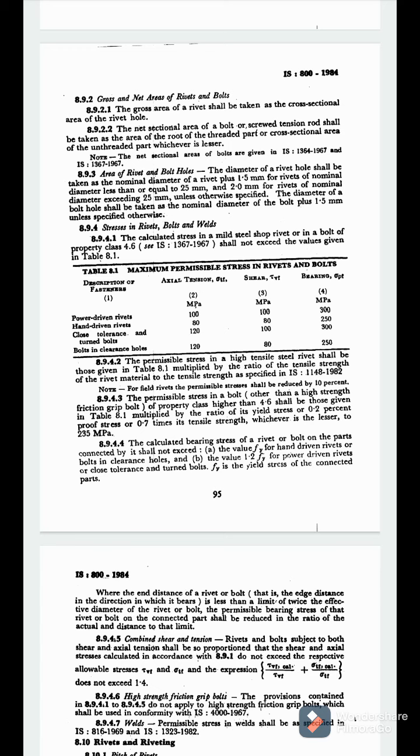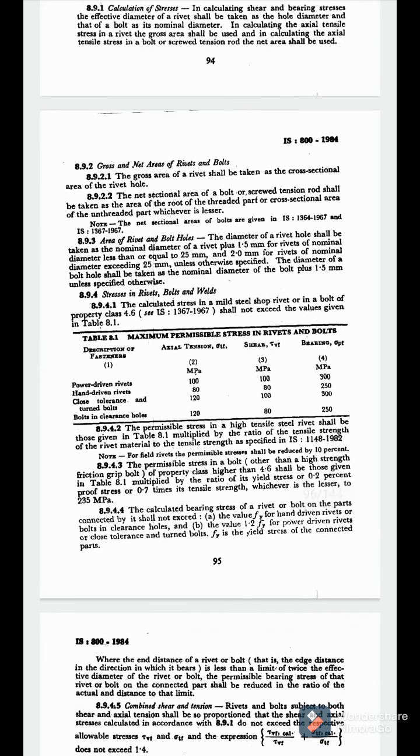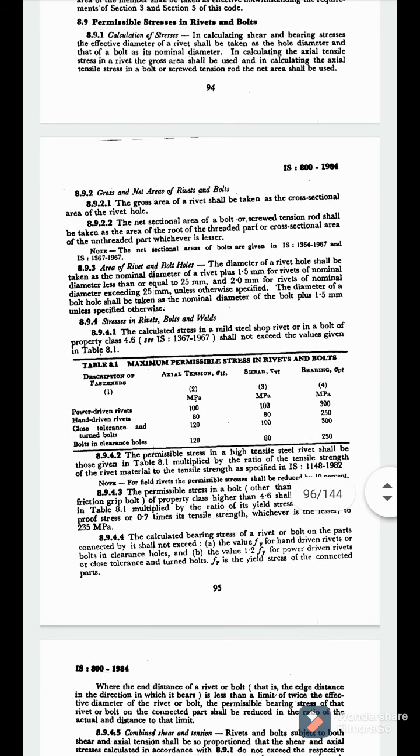Power driven rivets means riveting done in a workshop by using machines, and hand driven rivets means we make the riveting by hand. So the axial tension for power driven rivets is 100 MPa or Newton per mm square. For hand driven rivets this is 80 Newton per mm square.